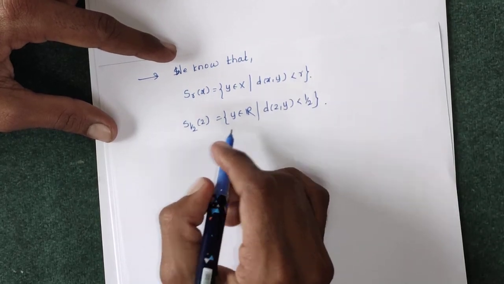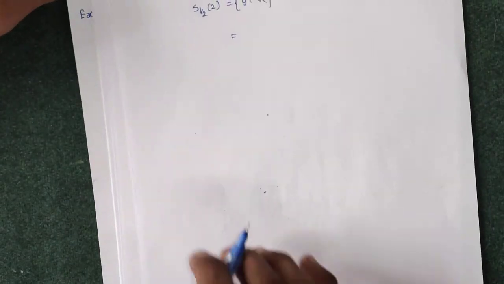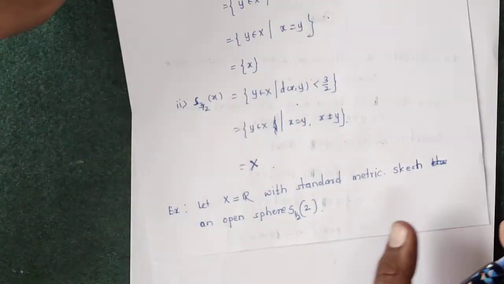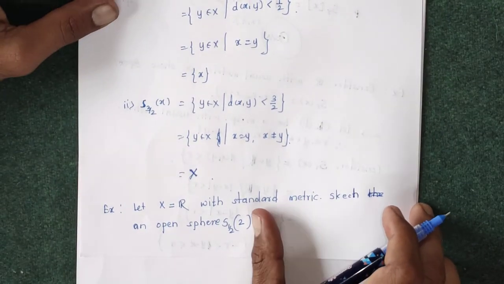But we are given R with standard metric, that is, the definition of the metric is that the distance of x and y is equal to mod x minus y.